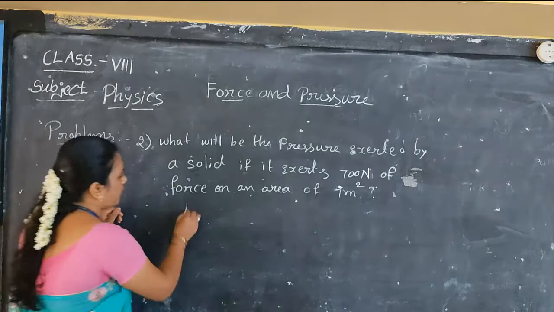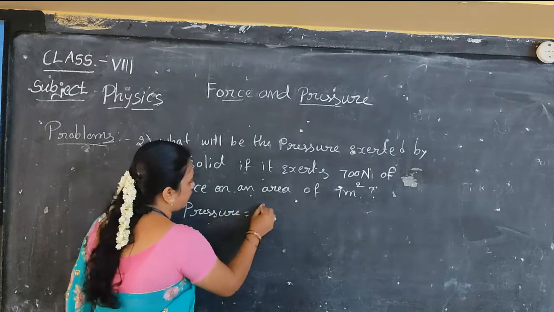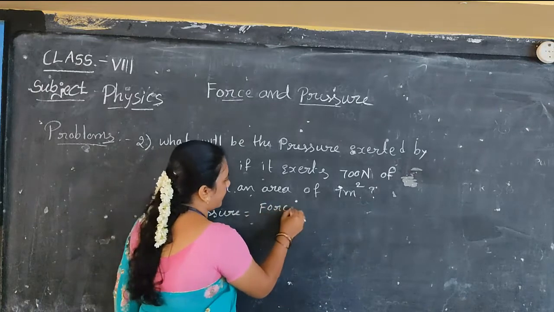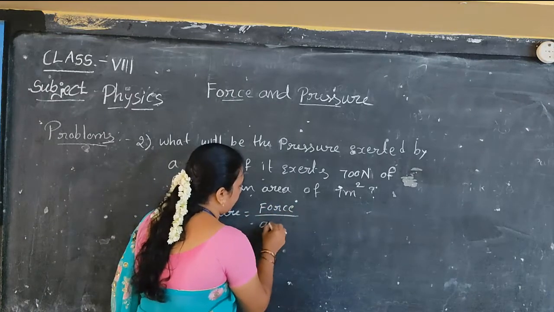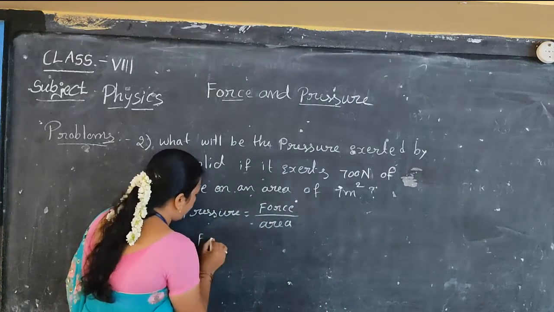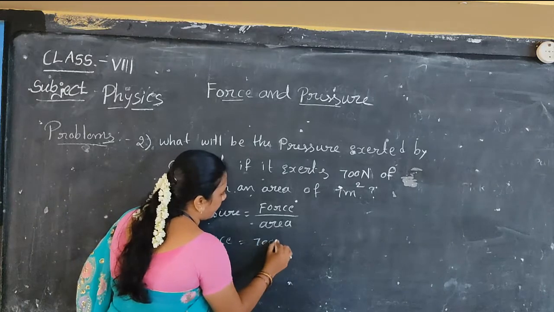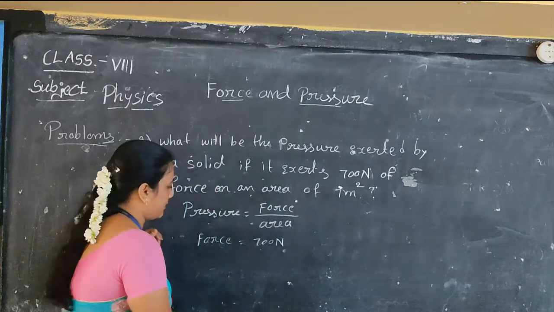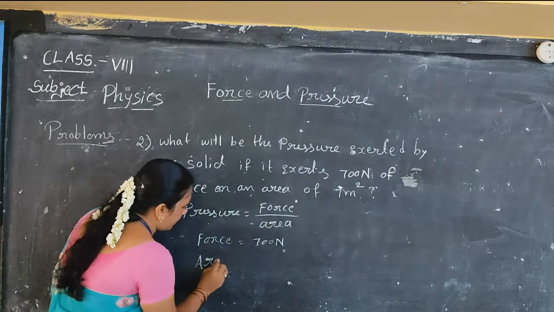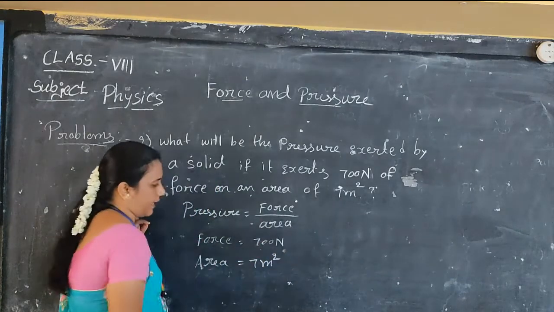What is the formula for pressure? Pressure is equal to force by area. What is given? Force is equal to 700 newtons, and area is equal to 7 meters square.